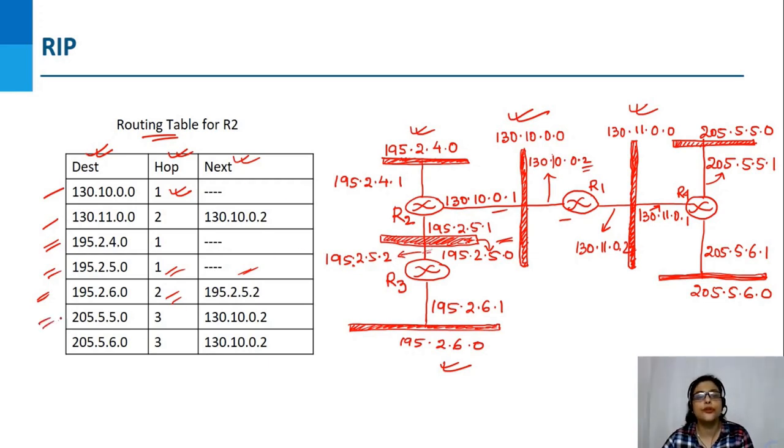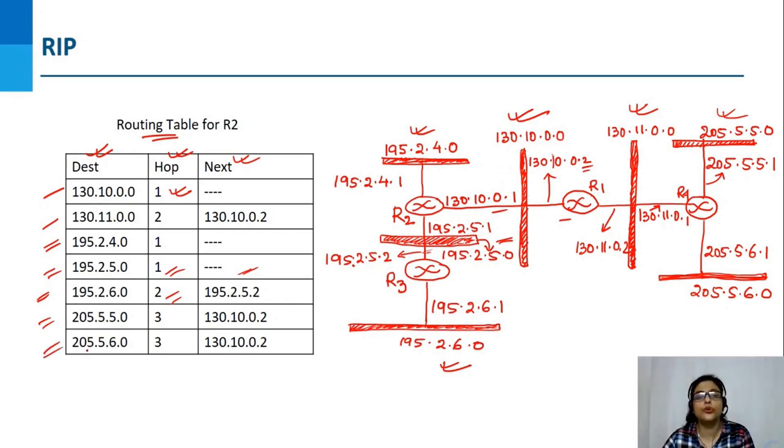In order to go to 205.5.5.0, which is here, it requires 3 different links, and the next node will be 130.10.0.2.